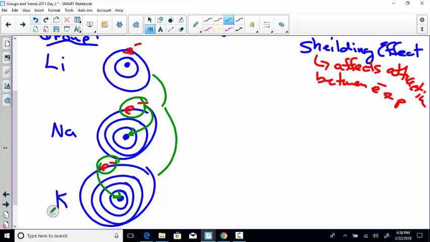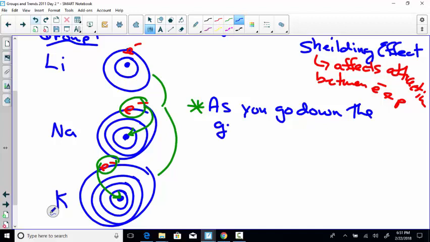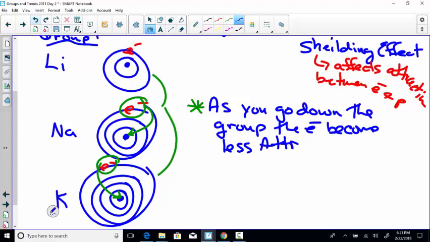Okay, and because of the shielding effect, one of the things that happens is as you go down the group, the electrons become less attracted to the nucleus.